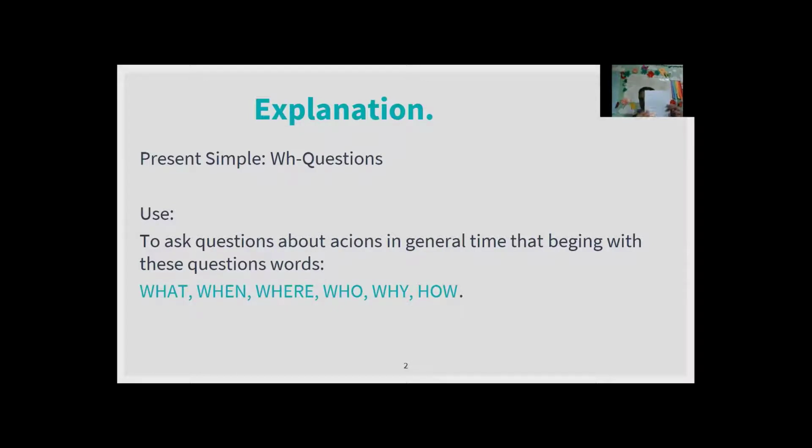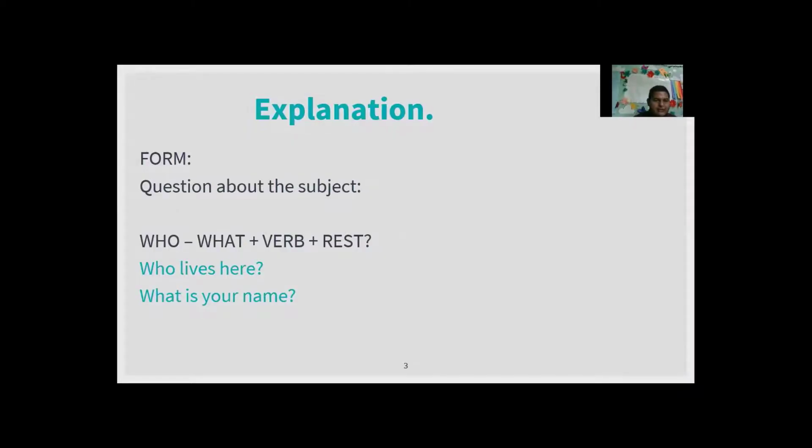These questions ask for more specific answers, not like the yes/no question, where the answer is yes or no. Okay. The double H questions are used to ask for more specific, more sophisticated information. The form is, if the question is about the subject, we use who or what plus the verb and the rest of the sentence.